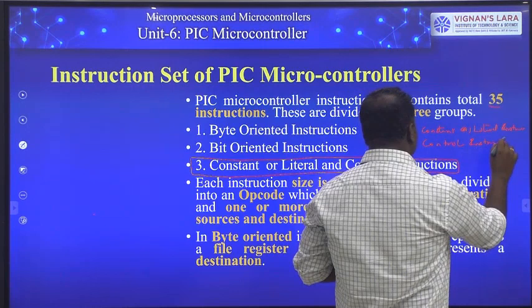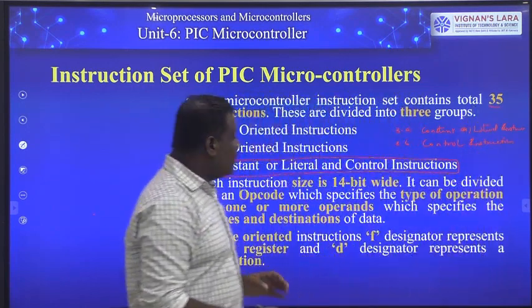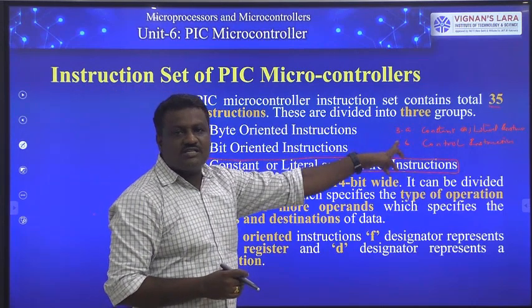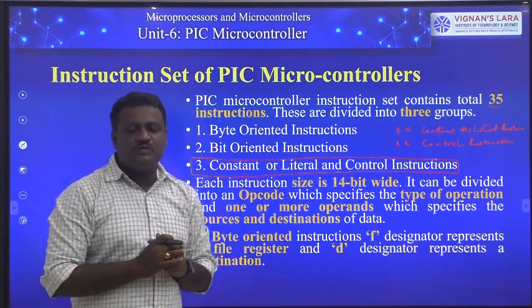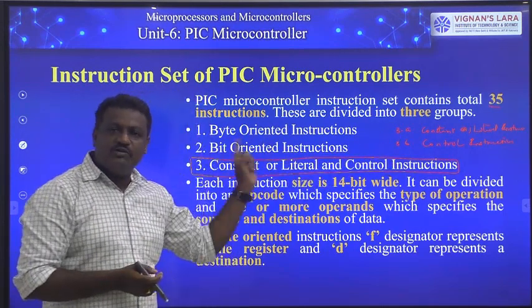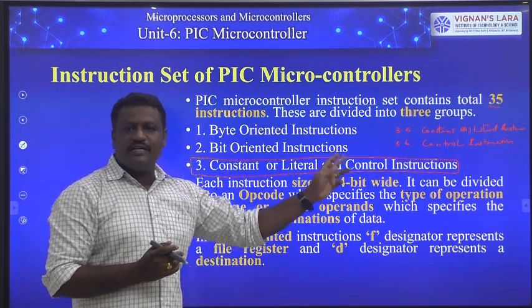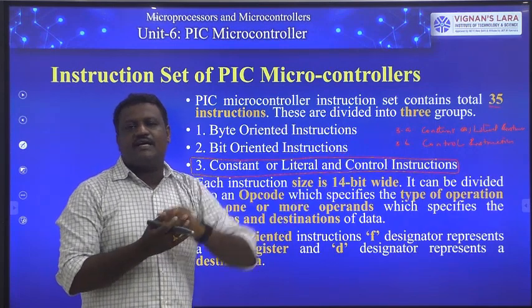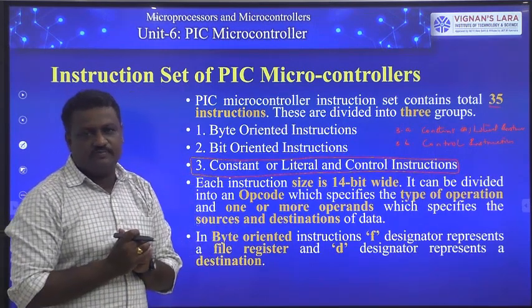If you consider these 2 separate, then the total number of groups is 4: byte-oriented instructions, bit-oriented instructions, constant or literal instructions, and control instructions.